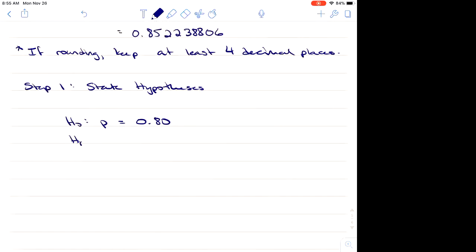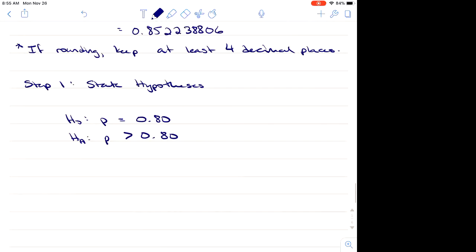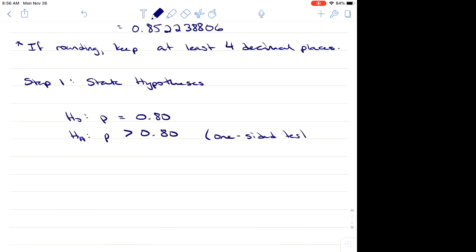So our alternative hypothesis is that P is greater than 0.80, making this a one-sided test. Right, because you're only concerned about one extreme.